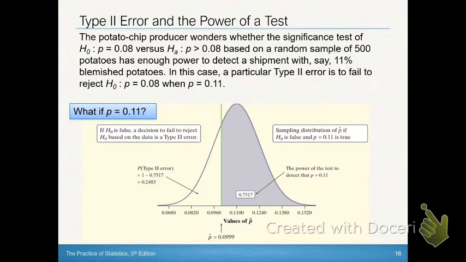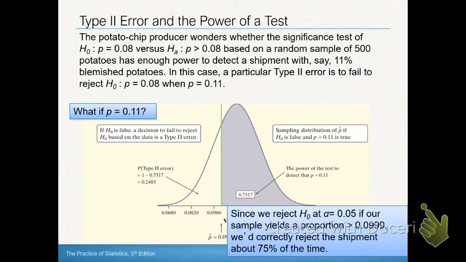That is now the power of your test. So if it's true that really 11% of this shipment is blemished, then we would make the correct decision to reject that shipment, to reject the null hypothesis, about 75% of the time. Again, you don't really need to be able to do any of these calculations. You need to know the relationships between type 1 and type 2 error and power.